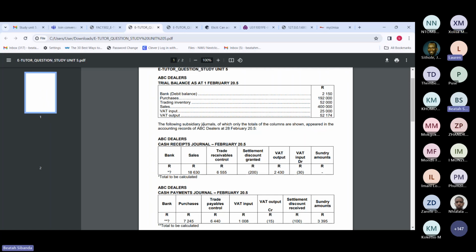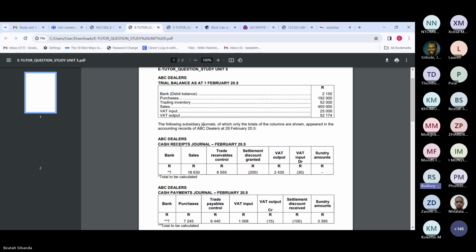Following. Yes, following. Okay. Then, if I may, isn't the amount received in your case 18,630? Isn't that also inclusive of VAT that you, in actual fact, need to pay over to SARS, the 2430?